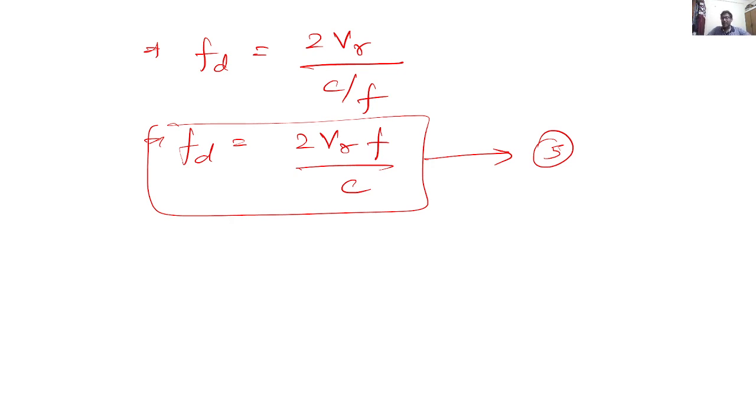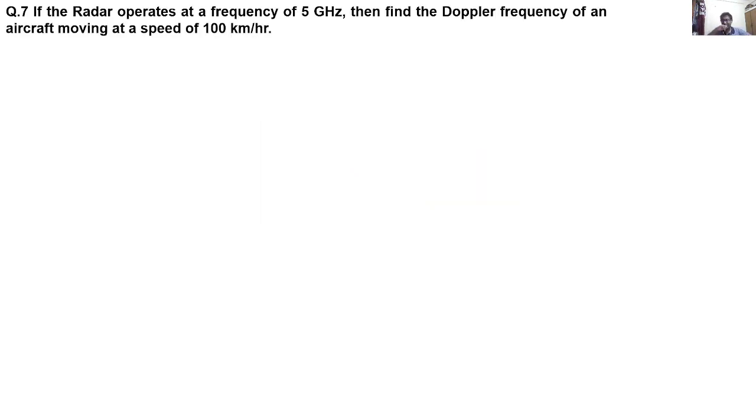Okay, now let's come back to the question. If the radar operates at a frequency of 5 gigahertz, then find the Doppler frequency of an aircraft moving at a speed of 100 km per hour. Okay, so one of them is moving. That is the condition for the Doppler effect to happen.